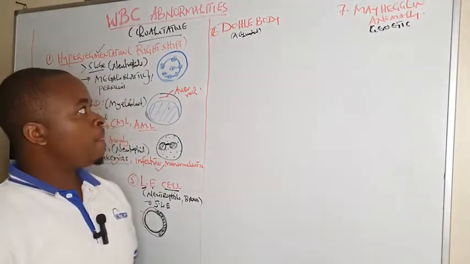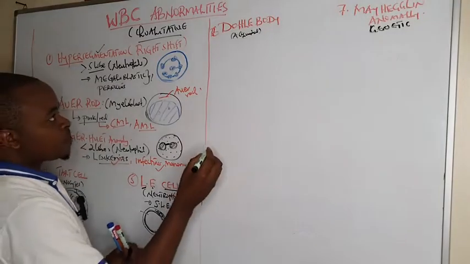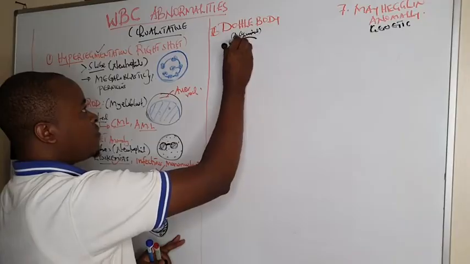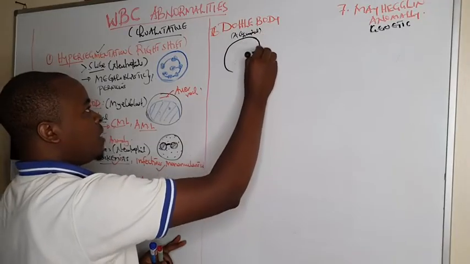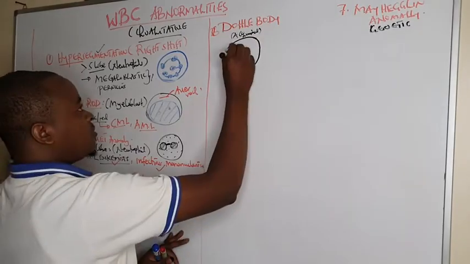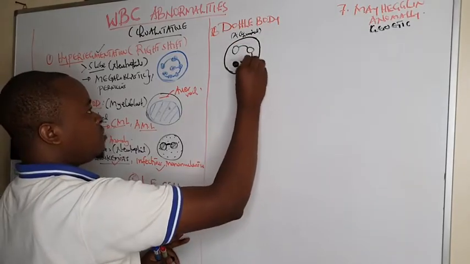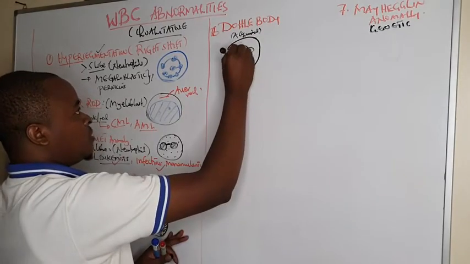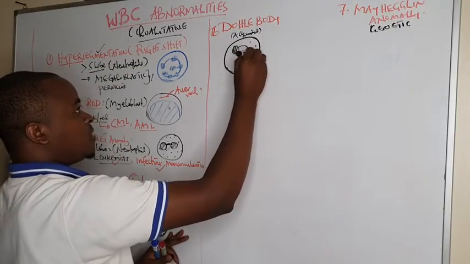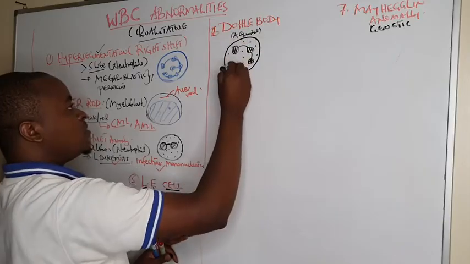And how do they differ? Döhle bodies, if I have a white blood cell, especially the neutrophil. This is a neutrophil with its lobes, my normal neutrophil with its cytoplasmic granules.